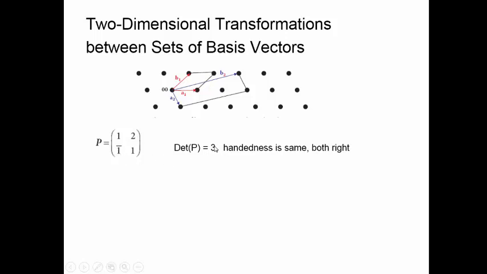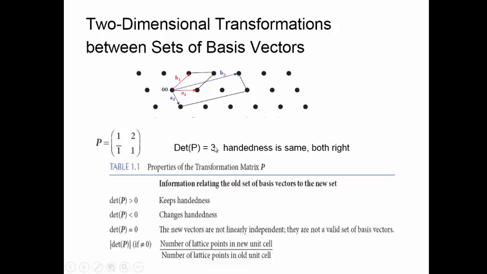So this is going to show me 3 related facts. 1, we see that the determinant of P, which is 3, is greater than 0. Therefore, the transformation keeps the handedness. In this case, we have a right-handed system going to a right-handed system, and we have a positive system.